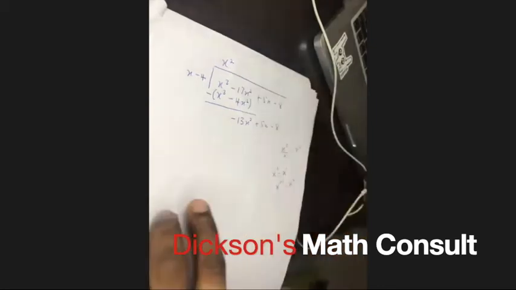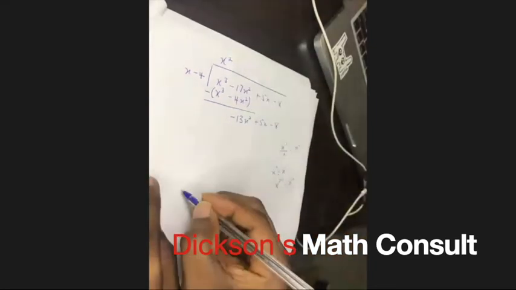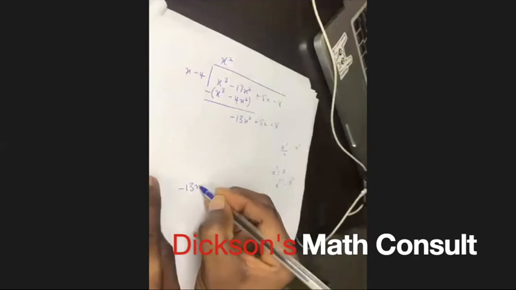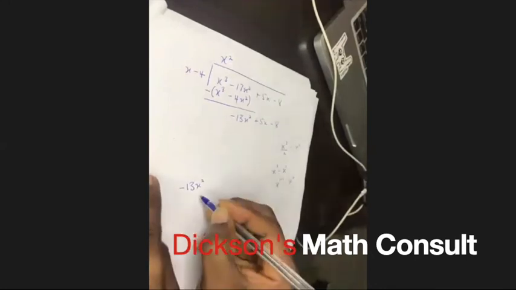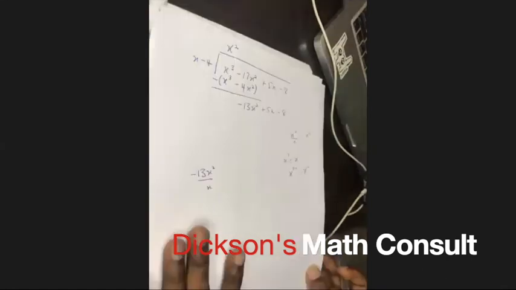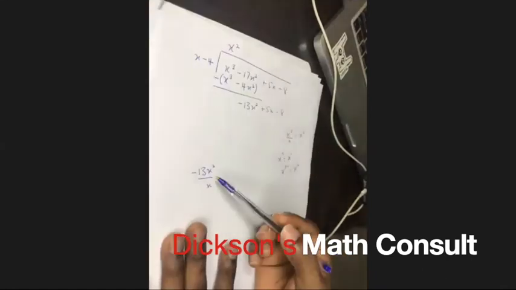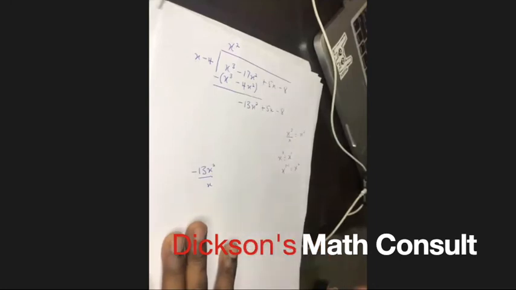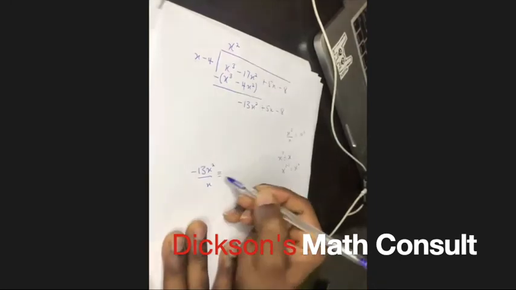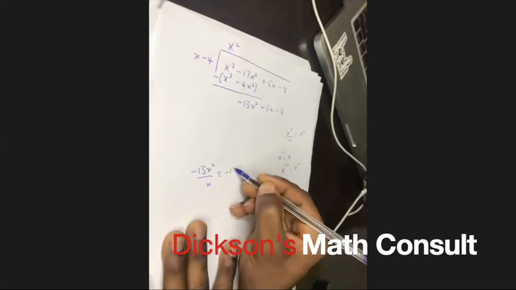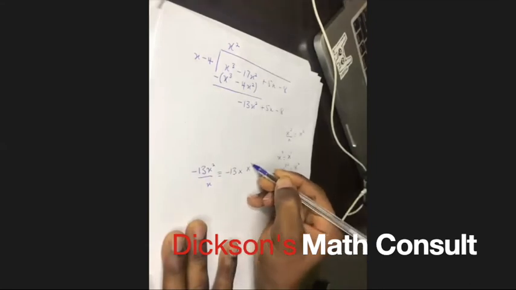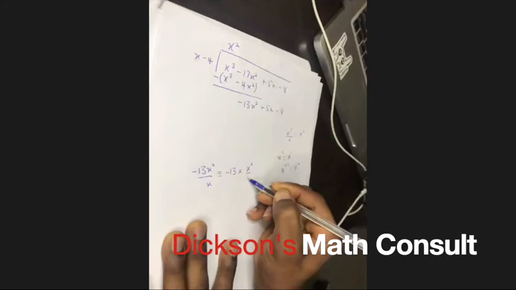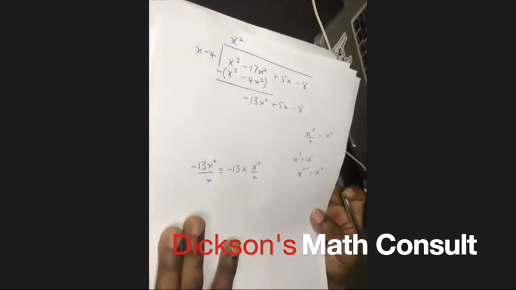So let's see. Negative 13x squared divided by x. Now, as I explained earlier, don't let this confuse you. Very, very easy. This is the same as negative 13 times x squared over x. Do you see that? Yes.